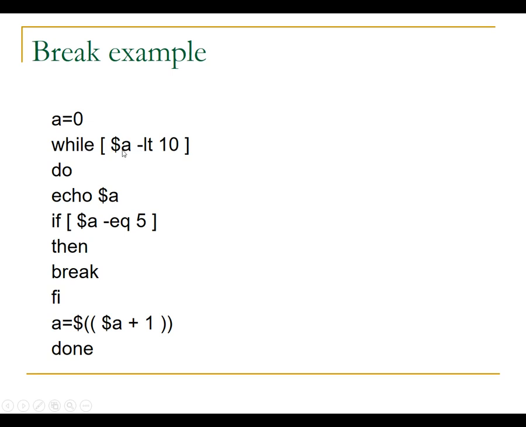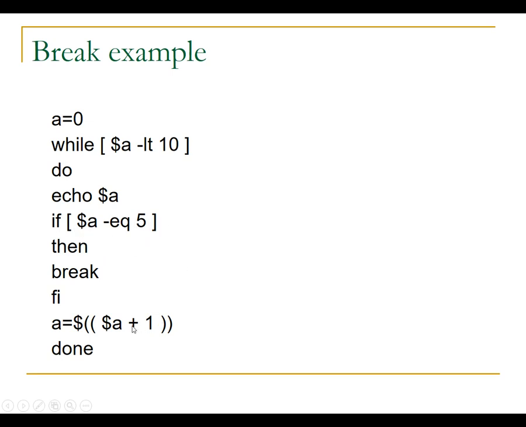Again this entire repetition is done for the second time. For 2, it is less than 10, it prints 2 onto the screen. It checks whether a is 5 or not, the condition becomes false, then again it adds one more value, a becomes 3. For 3 this condition also becomes false, then it becomes 4. For the value 4 even this if becomes false.